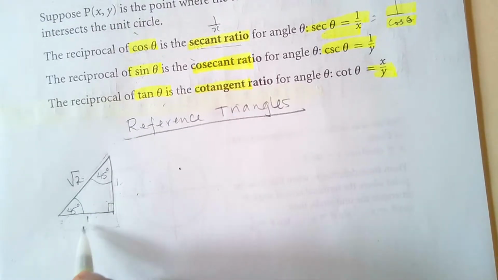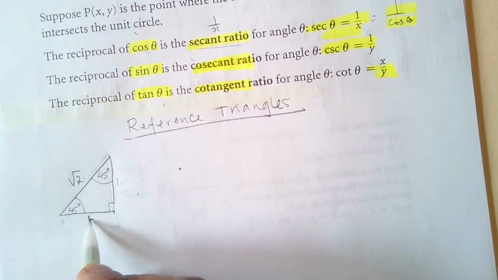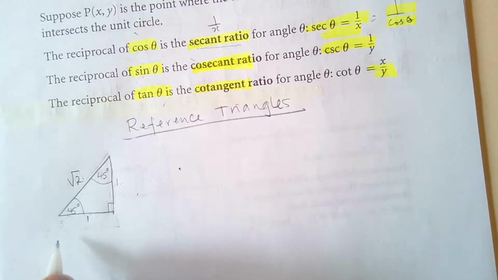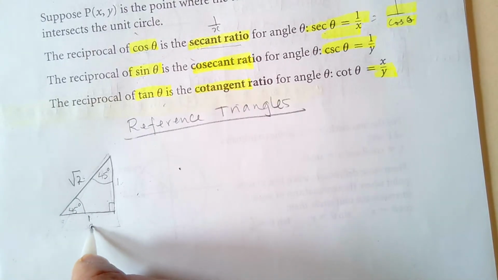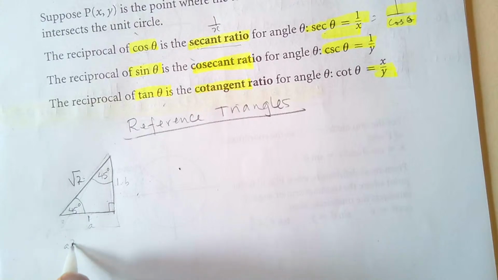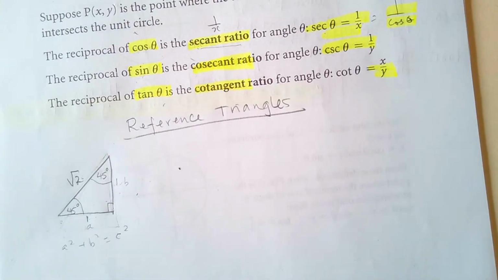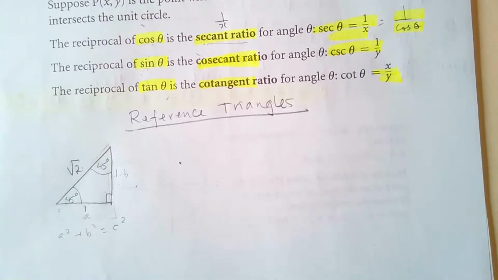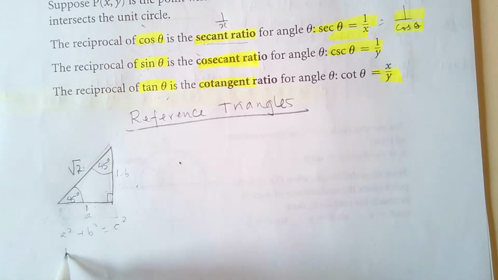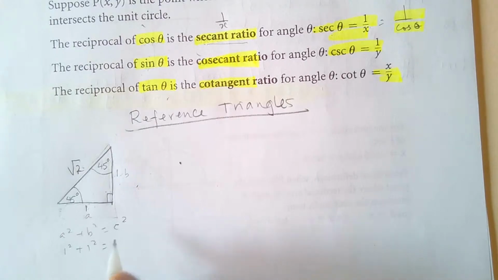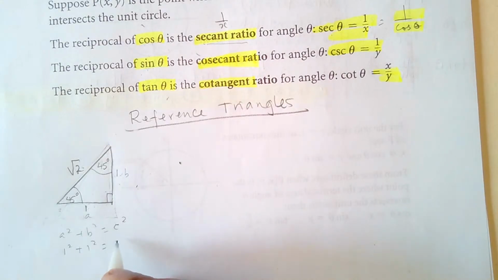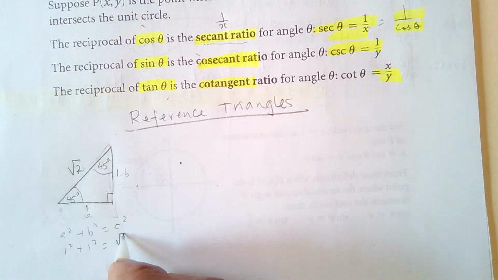Or using the Pythagorean theorem: this is your A and this is your B. A squared plus B squared is equal to C squared. If A is 1, then 1 squared plus 1 squared is equal to C squared, which equals the square root of 2.